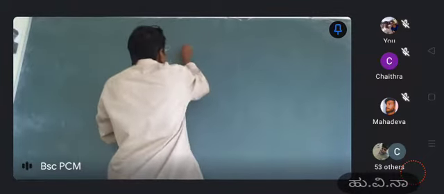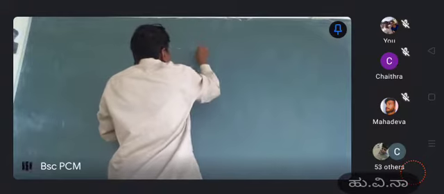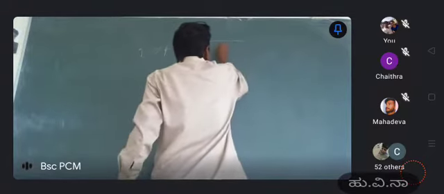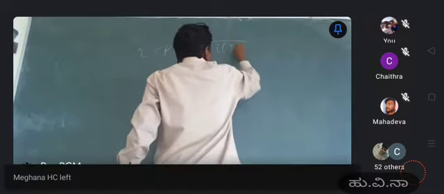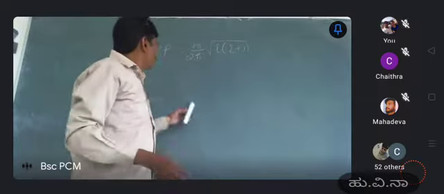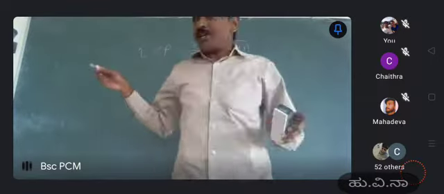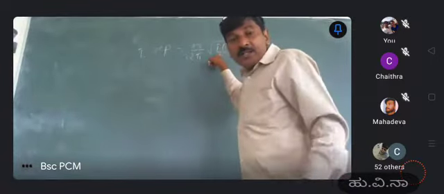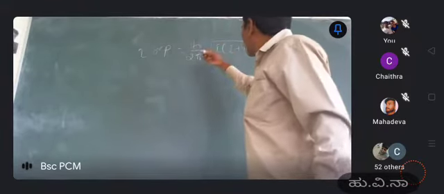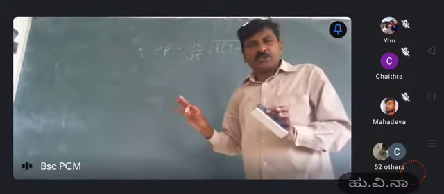That is equal to h by 2 pi times the square root of I into I plus 1. Here, what is I? It is the spin quantum number. The remaining h is the Planck constant, pi is a constant. Remaining everything is known.